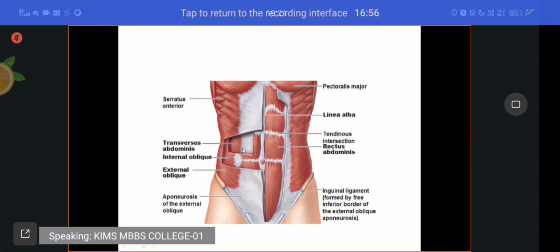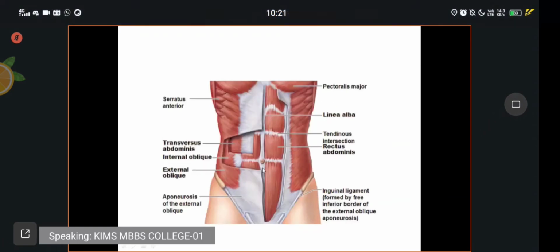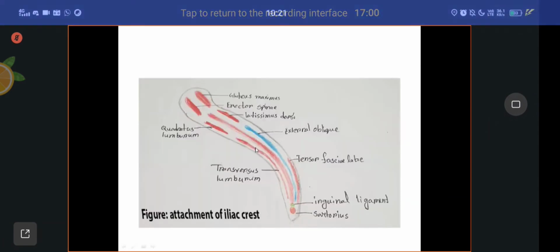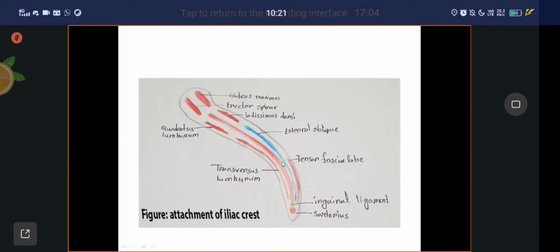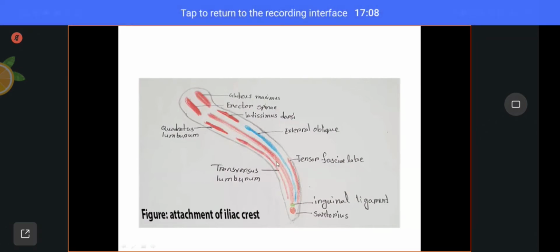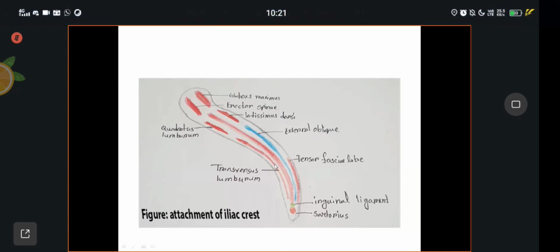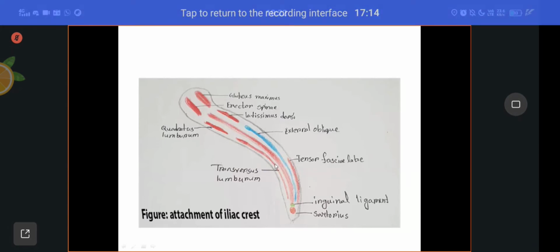All these three muscles are getting their attachment from the iliac crest. This blue structure is the insertion of the external oblique muscle, this is the origin of the internal oblique muscle, and this is the origin of the transverse abdominis.